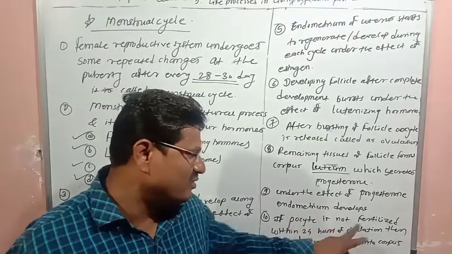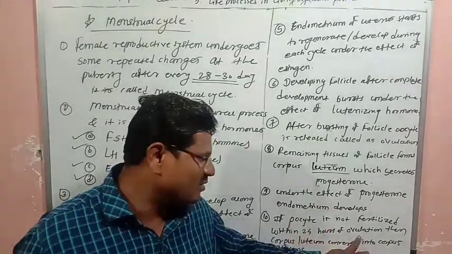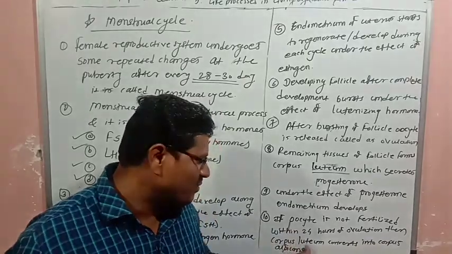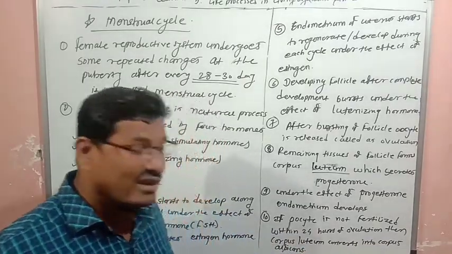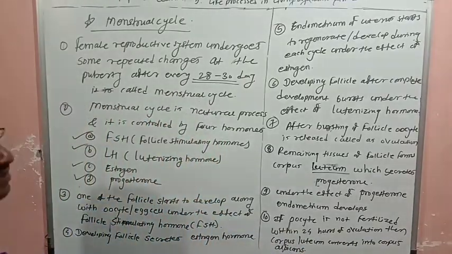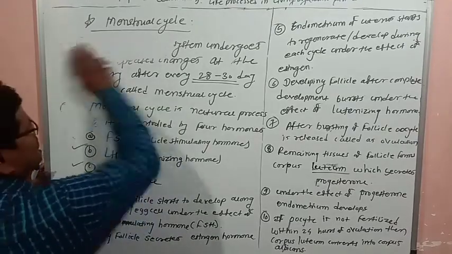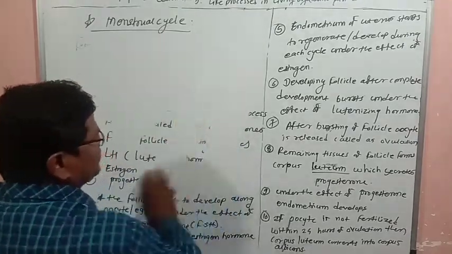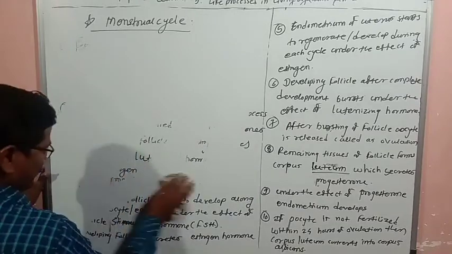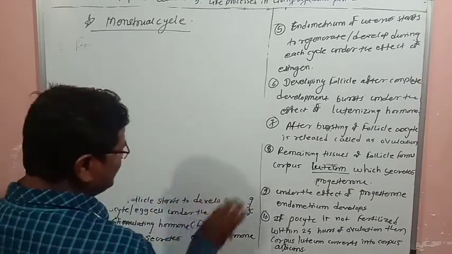And if the oocyte is not fertilized within 24 hours of ovulation, then the corpus luteum converts into corpus albicans.